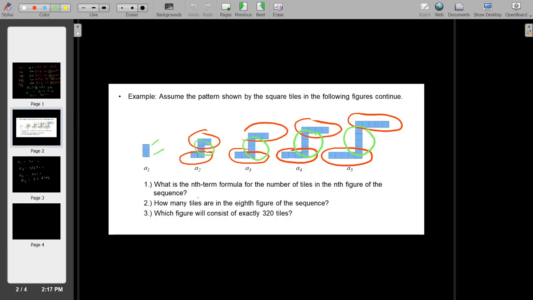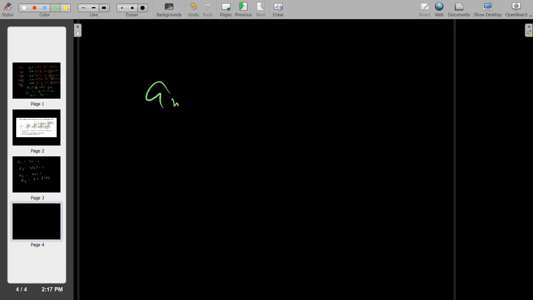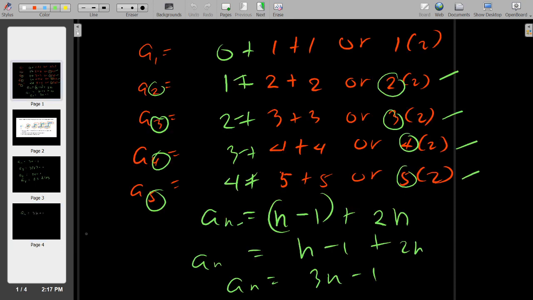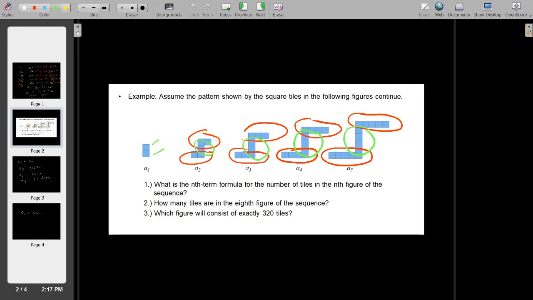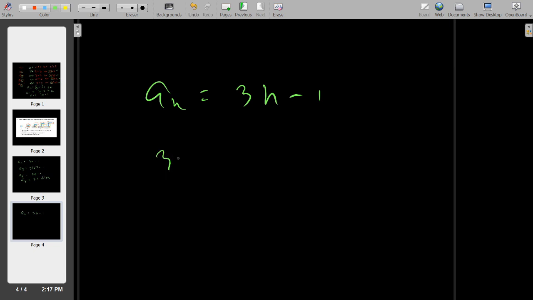Okay, for the third question: which figure will consist of exactly 320 tiles? So again, let's write our formula, which is 3n minus 1. So again, let's go back to our question. Which figure will consist of exactly 320 tiles? That would mean 320 is on the left side, and we will solve for n.